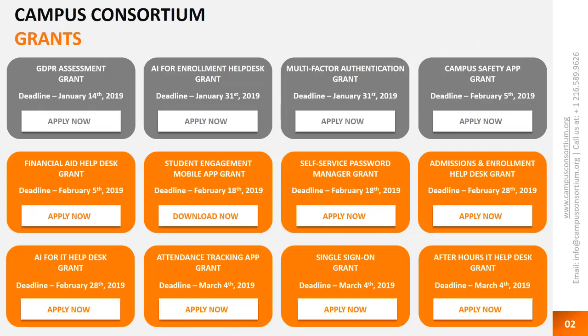This one is the GDPR Assessment Grant. There are grants that support multi-factor authentication, artificial intelligence, campus safety and other initiatives. Most of these have been created in response to the needs of the consortium's membership. You don't need to be a member of the consortium to apply for a grant.